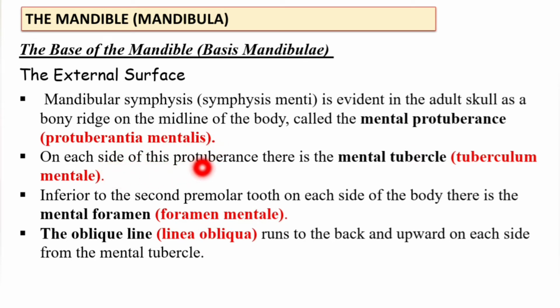On each side of this protuberance, there is a mental tubercle, tuberculum mentale. I will show you. And also there is, inferior to the second molar tooth, on each side, the mental foramen, foramen mentale. And there will be an oblique line, linea obliqua, which runs to the back and upwards on each side of the mental tubercle.